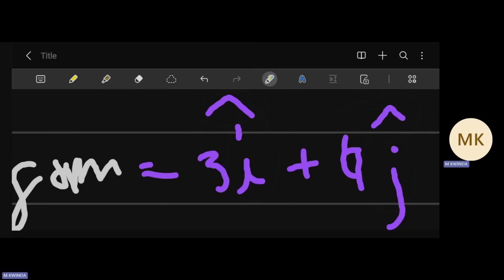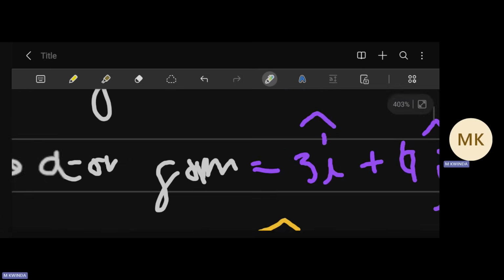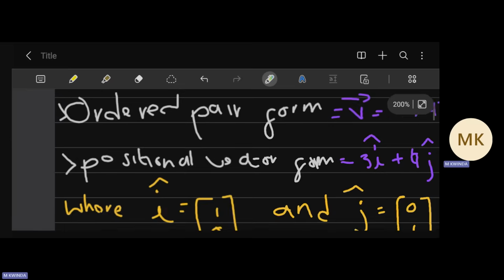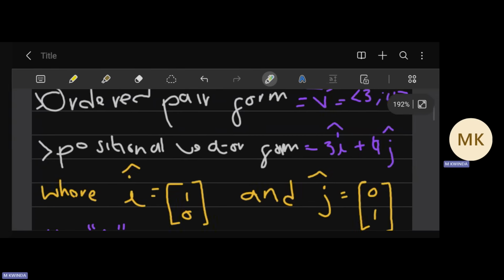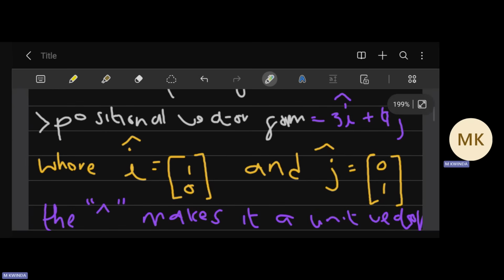Once we start with unit vectors, I will come back to this and do a whole summary of why we have unit vectors inside positional vectors. Here i would be that, and j would be that. And again, the cap makes it a unit vector.